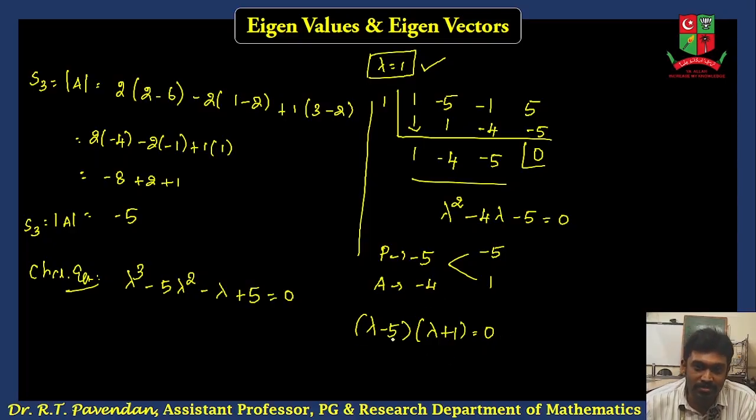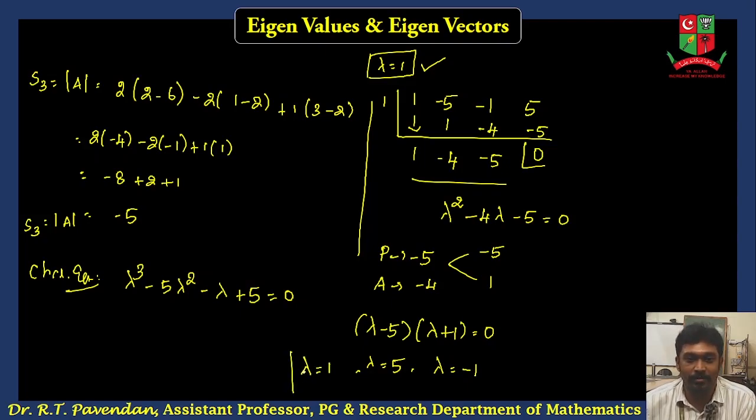So if the factor is lambda minus 5, by equating it to 0, that becomes plus 5. So one of the lambda values becomes plus 5. The other value is going to be, taking this to the other side, lambda is equal to minus 1. We also know lambda is equal to 1 is one of the values of lambda. So these three are going to be your eigenvalues.